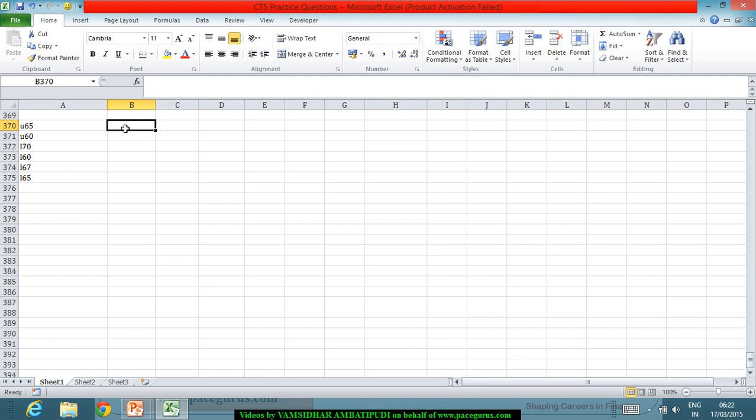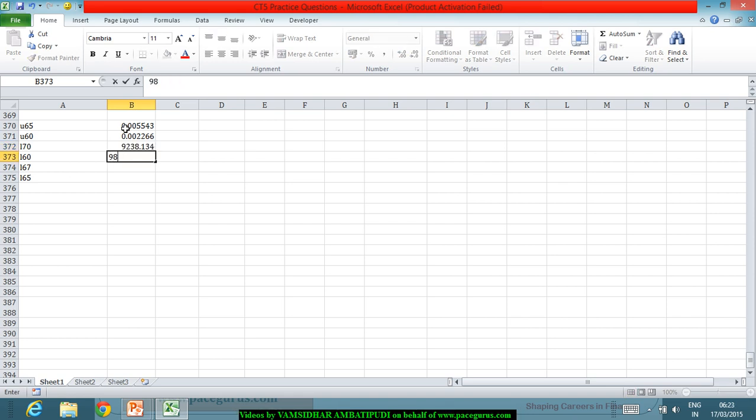So mu 65 for a male is 0.005543. Mu 60 is around 0.002266. Then if I am looking at L70, it is 9238.134.